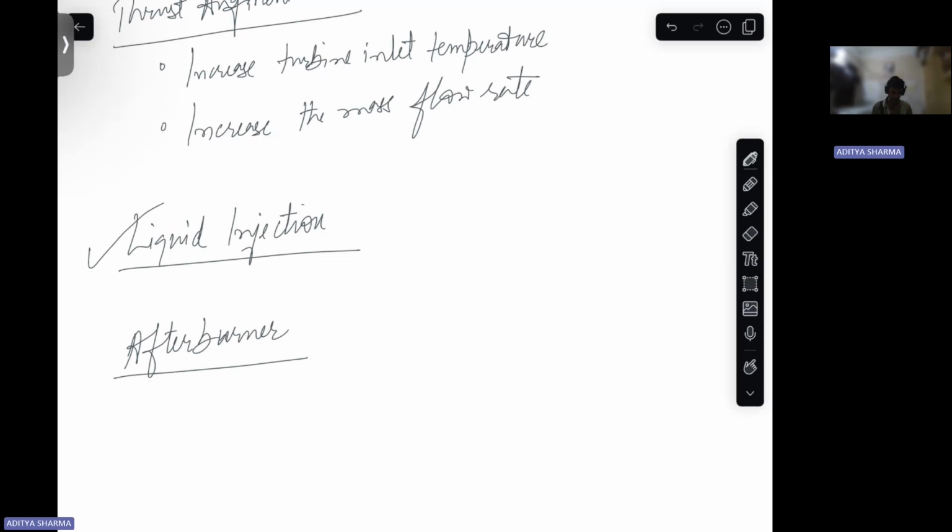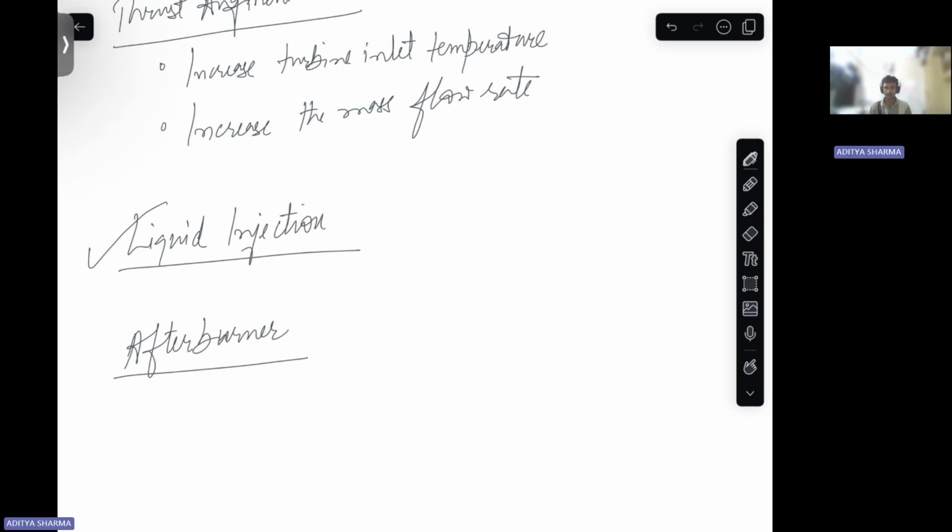Then liquid injection. What is the purpose of liquid injection? Why do we do liquid injection? Liquid injection is done to increase the mass flow rate. How is it done? It is sprayed at the compressor inlet, and this liquid gets evaporated by heat from the air. So the air temperature at the compressor inlet decreases, which increases your mass flow rate.